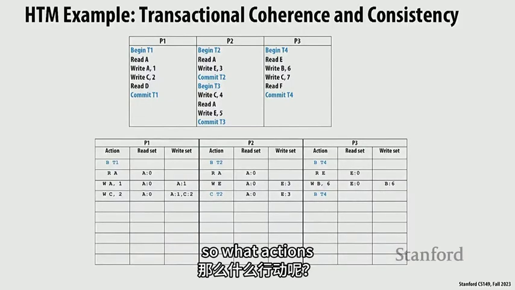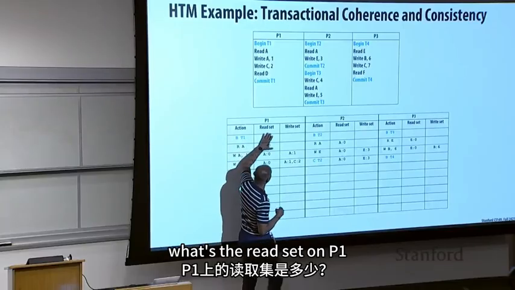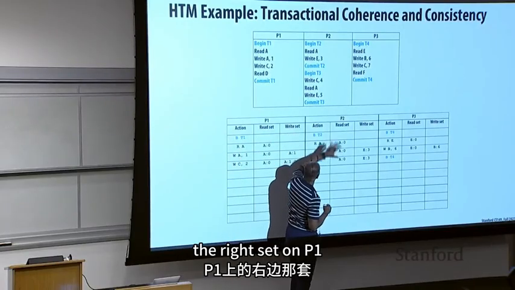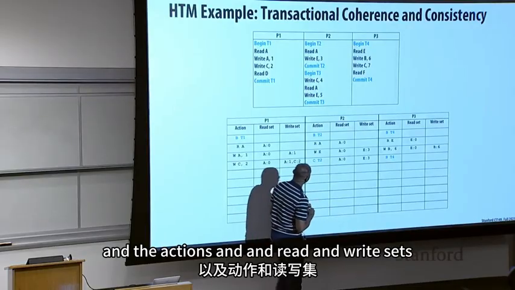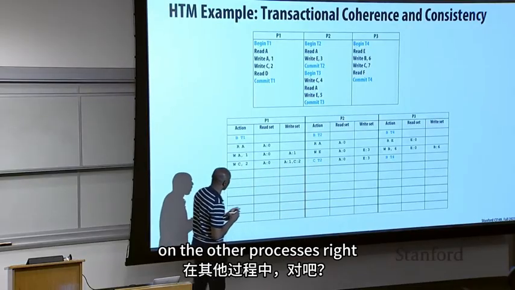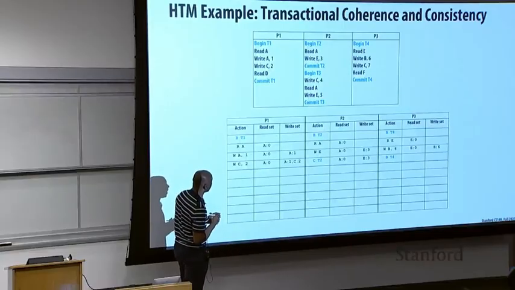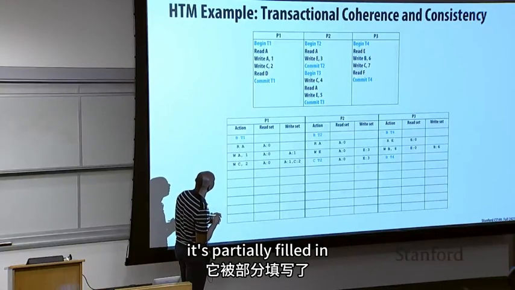So what's the read set on P1, the write set on P1, and the actions and read and write sets on the other processes, right? It's partially filled in here.